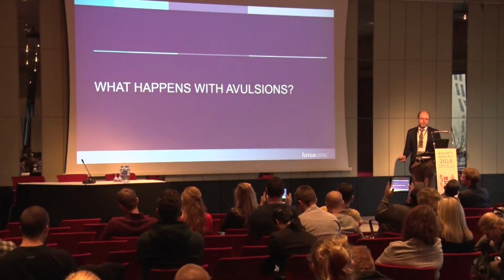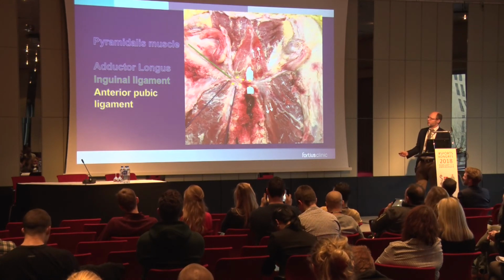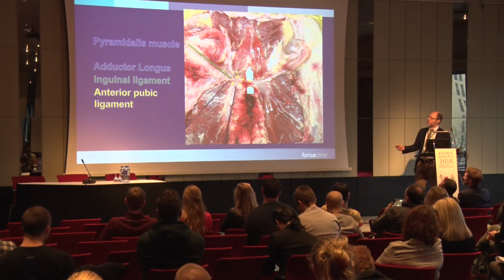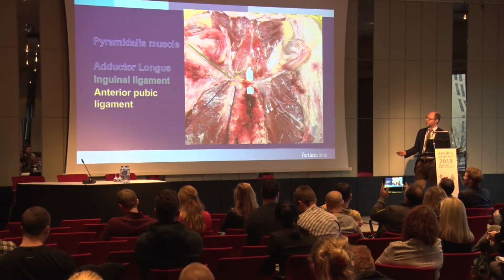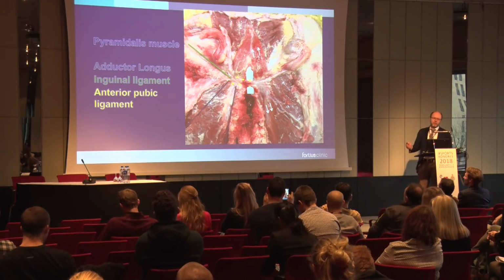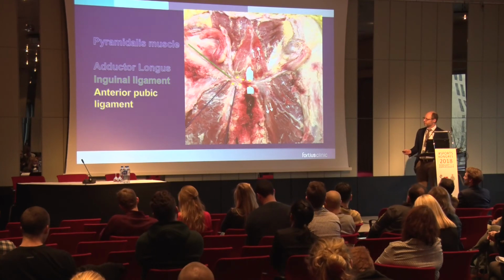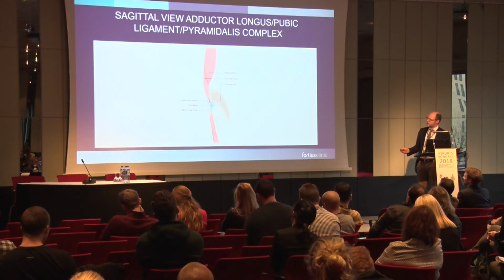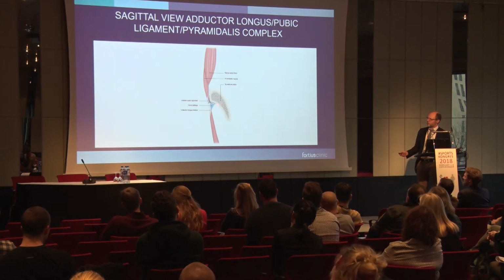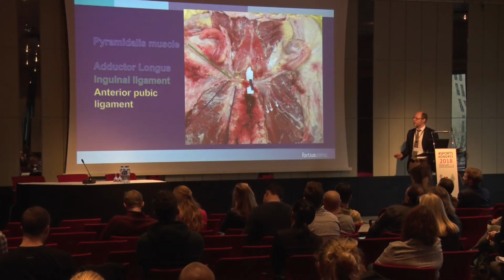So what happens when we have an avulsion? Very often there is a co-contraction of the pyramidalis muscle and the adductor longus. And what it does is it actually lifts off the whole plaque complex from the anterior pubis. And this is what's happening. You see that the fiber cartilage gets stripped off, and so does the anterior pubic ligament and pyramidalis.